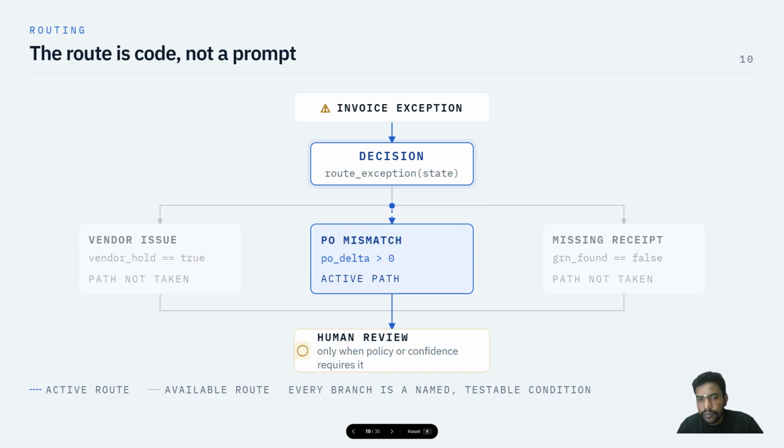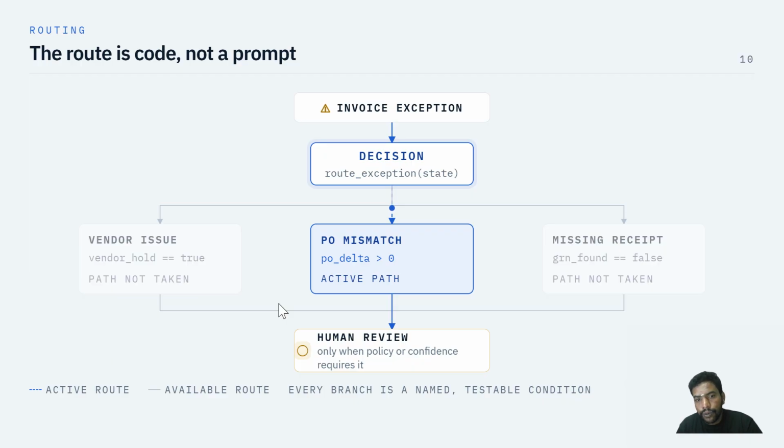Human review sits at the bottom, reachable from any branch, and it is entered by policy rather than by the model deciding that it feels uncertain today. An example which I have seen: claim processing has the same shape, with coverage lapse, documentation incomplete, or amount above tolerance.